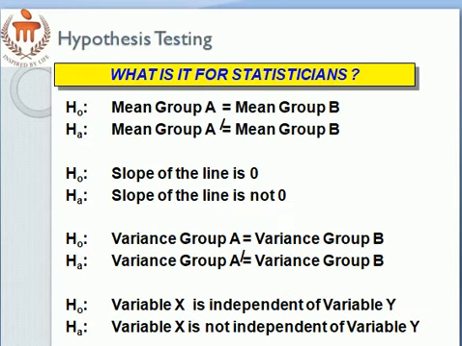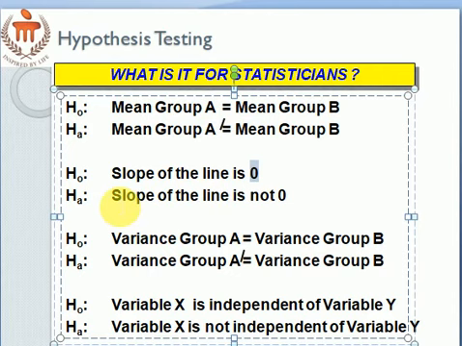In the first example, H naught says that the mean of group A is equal to the mean of group B, so the alternative will be that the means of these groups are not equal. Similarly, in the next example, the slope of a line is equal to some target value, that is 0, and the alternative means the slope of the line is not equal to 0.